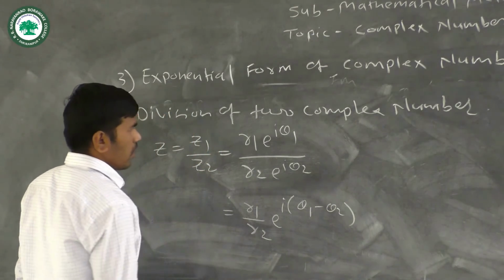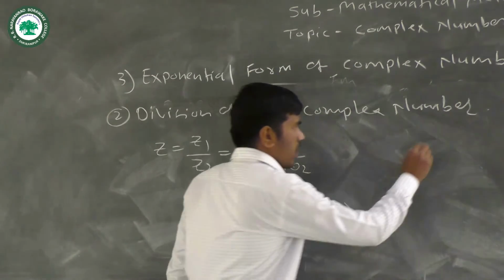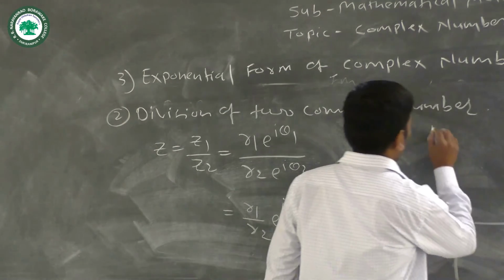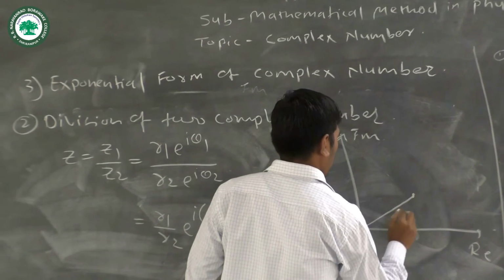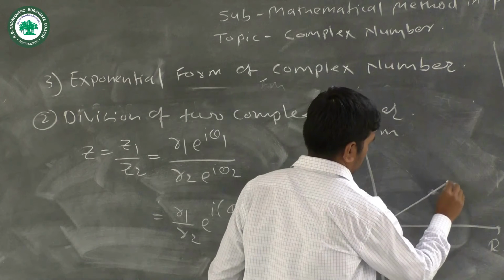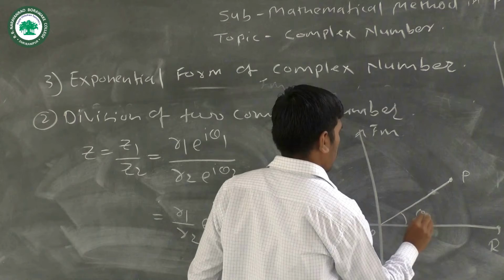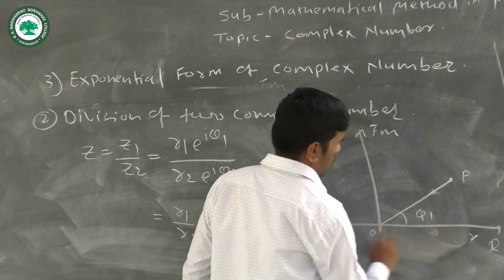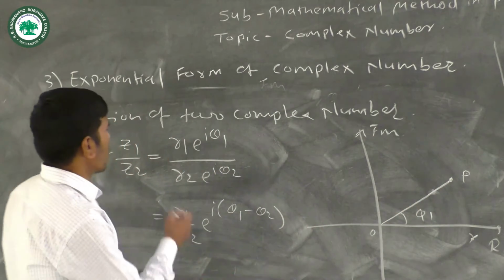Now let's represent this in the Argand diagram, with real and imaginary axes. This is theta 1, the angle XOP, and the modulus is r1.